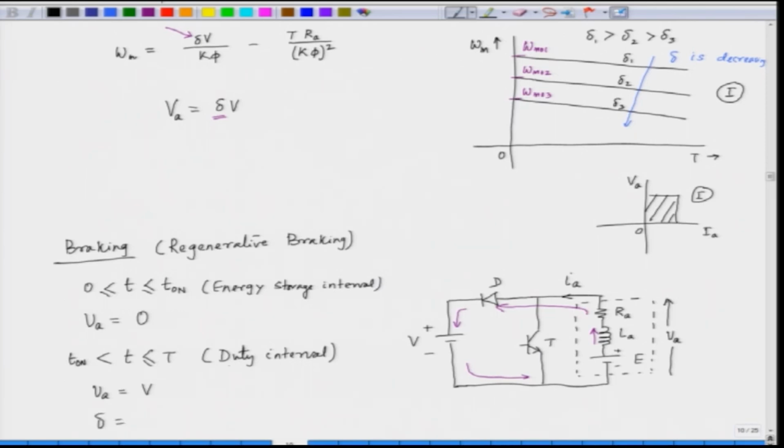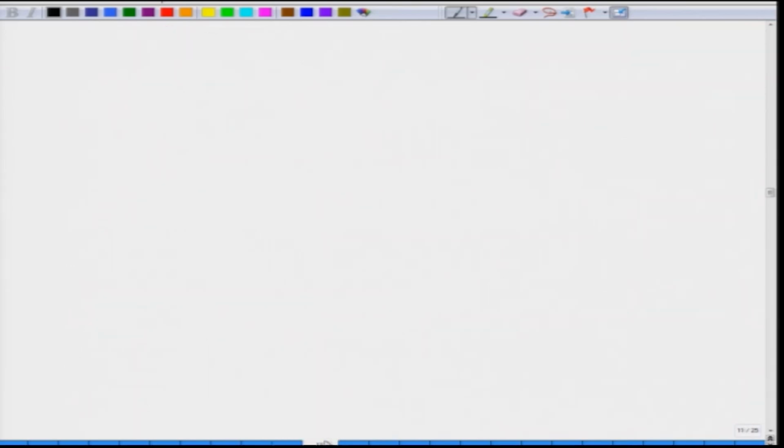Here the duty interval is T on to capital T. So, the duty cycle, or the duty ratio here, is (T minus T on) divided by capital T, that is the duty interval, which is from T on to capital T, by capital T.